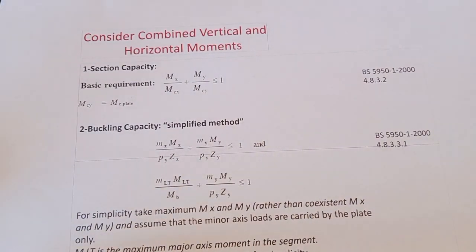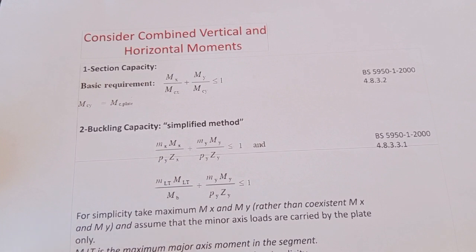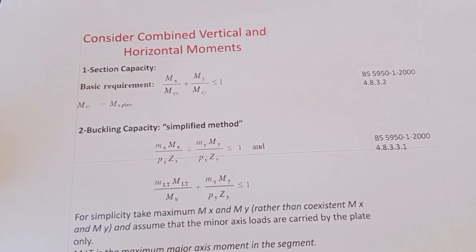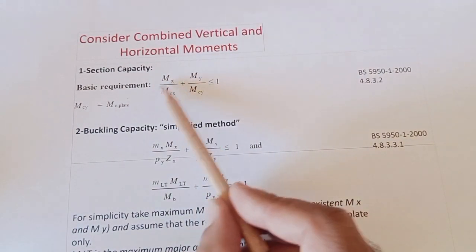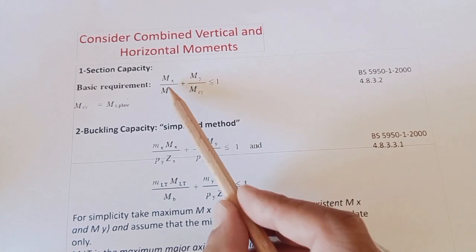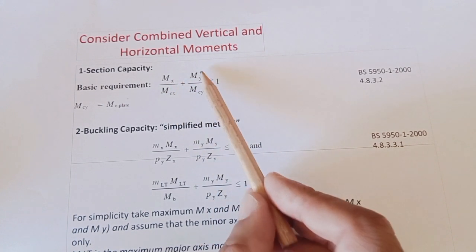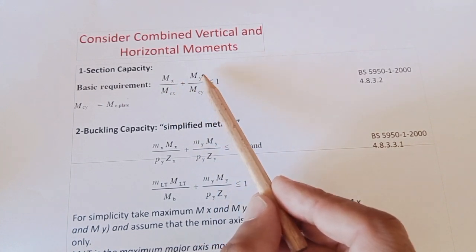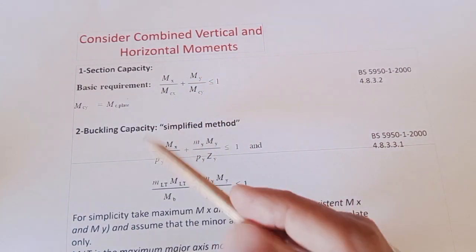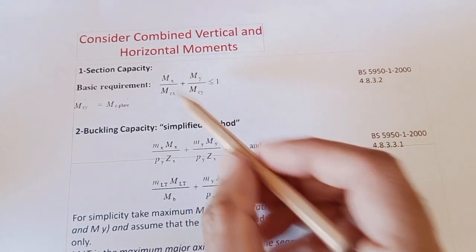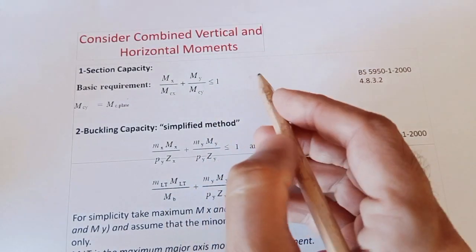Next one is the combined action of vertical and horizontal bending for the section. We have MX, we have MY. It is easy. We have the applied M, design M, or capacity. It is always the reduced capacity. And this one is the applied M in the minor direction and the reduced capacity in the minor direction. And remember, for the lateral direction, we always use just the top flange.